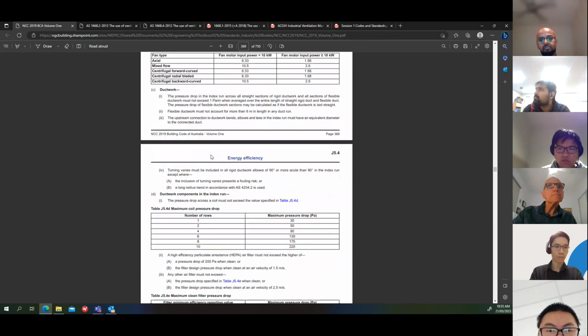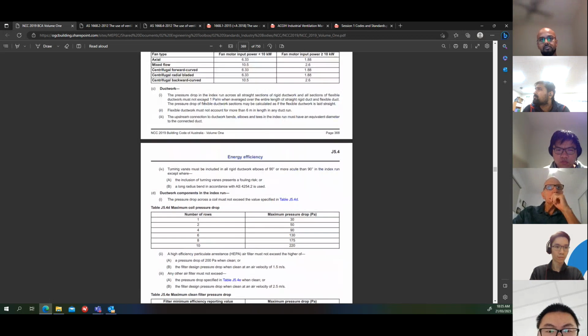Now we get into ductwork. This tells you the maximum pressure drop that you're allowed when sizing ductwork. There are exceptions depending on the type of system that it is. Flexible ductwork must not be more than 6 metres in length, etc.